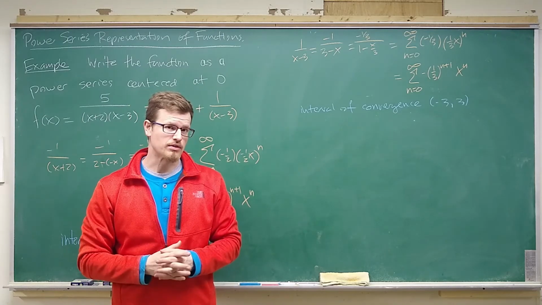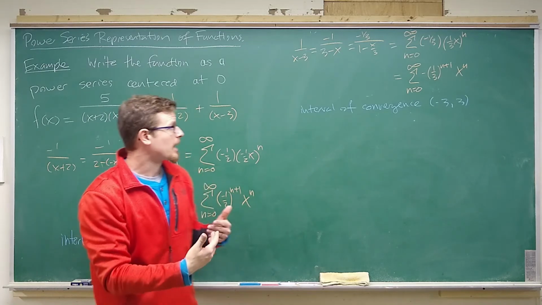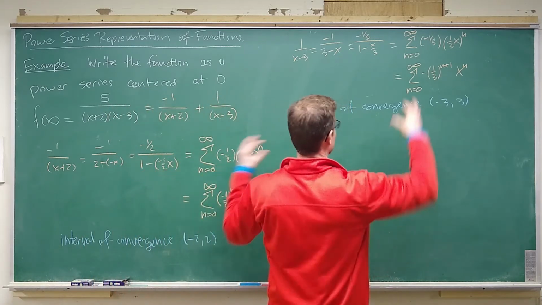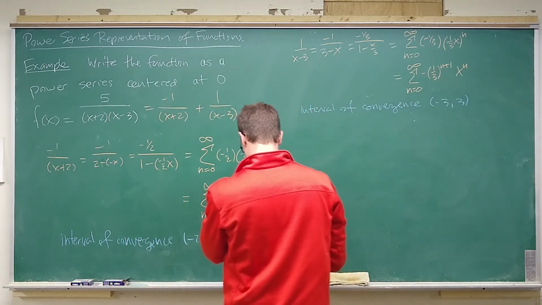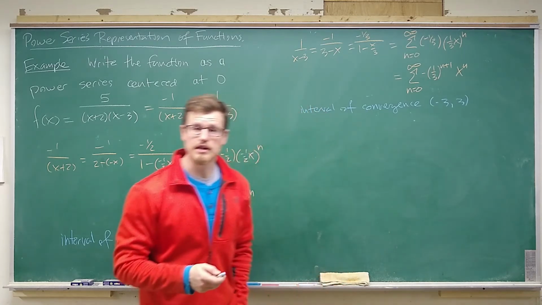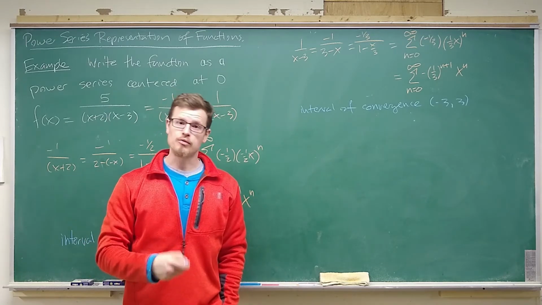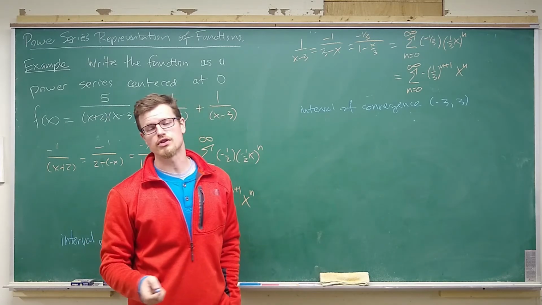If we don't have absolute convergence, then we can't rearrange terms, which would not allow us to simply combine these things.